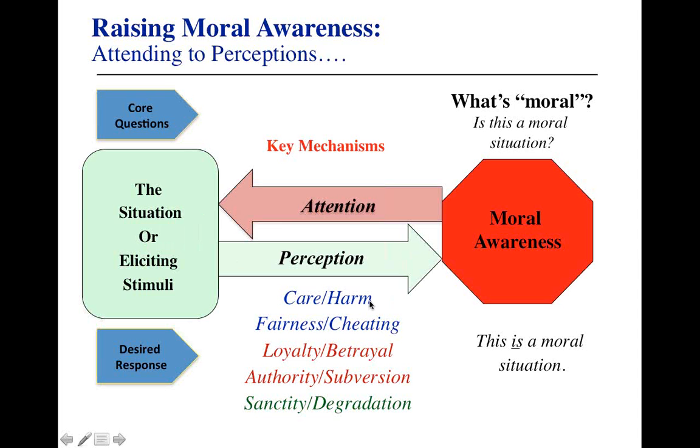The AMAP literally tells them to focus on whether there are issues of care, fairness, loyalty, authority, and so on involved in the situation. So what the AMAP does is help students attend and perceive. Those are the key mechanisms for raising moral awareness.